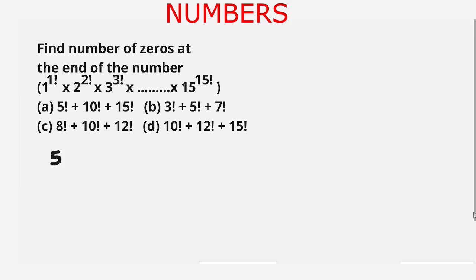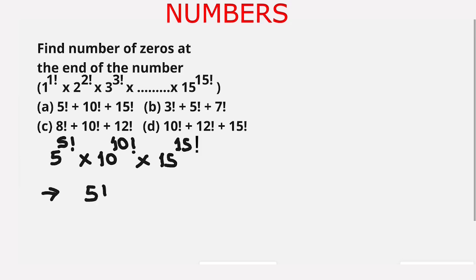So the power of 5 will be 5 to the power 5 factorial multiplied by 10 to the power 10 factorial multiplied by 15 to the power 15 factorial. So the sum of the powers will be 5 factorial plus 10 factorial plus 15 factorial.